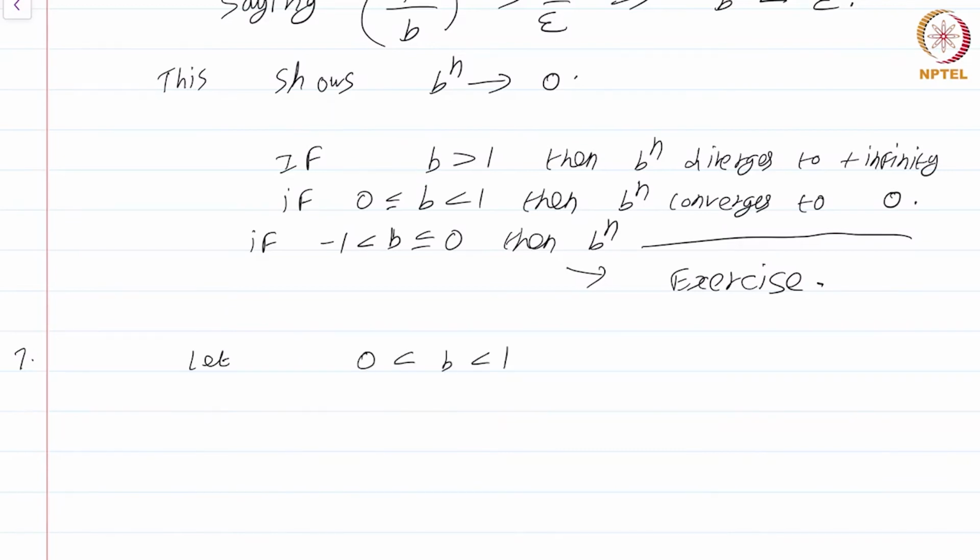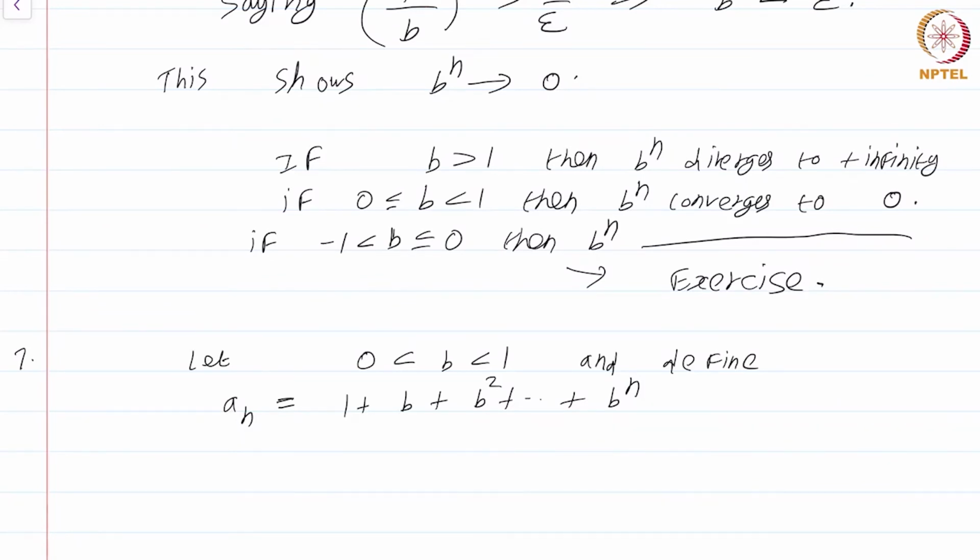Let 0 < b < 1 and define a_n to be 1 plus b plus b squared plus dot dot dot b^n. Okay, I'm defining the nth term of the sequence to be just 1 plus b plus b squared plus dot dot dot b^n.